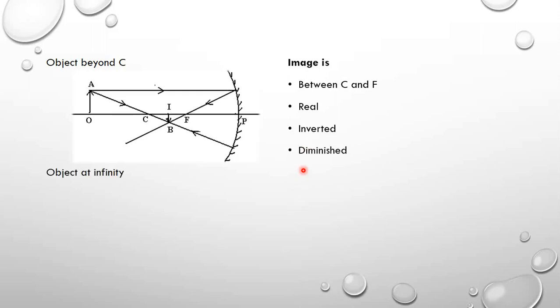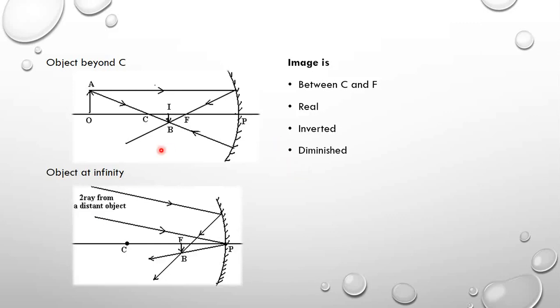Let's look at the next case when the object is at infinity. When the object is at infinity, we are going to draw our rays from infinity. We shall just bring two rays from infinity. The first ray is going to be this one. Now remember, these two rays from infinity are going to be reflected according to the laws of reflection.